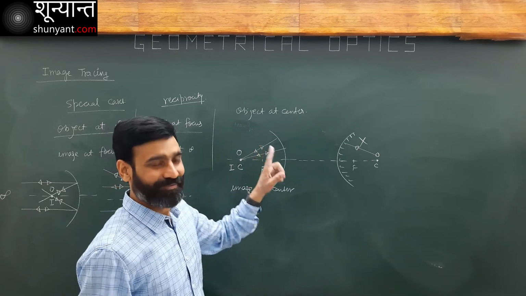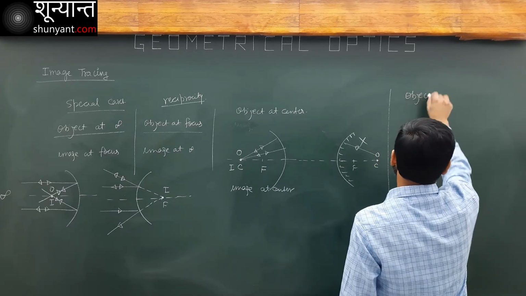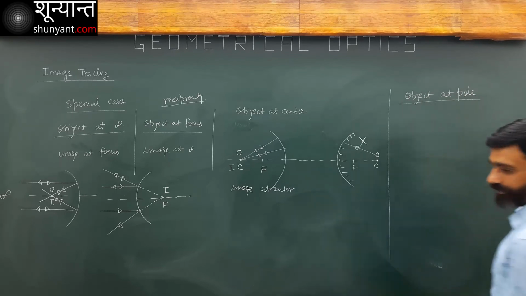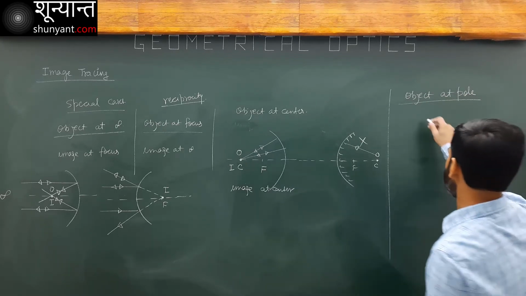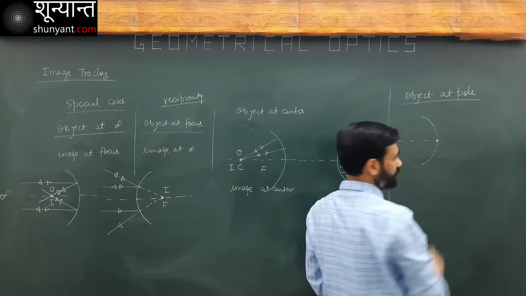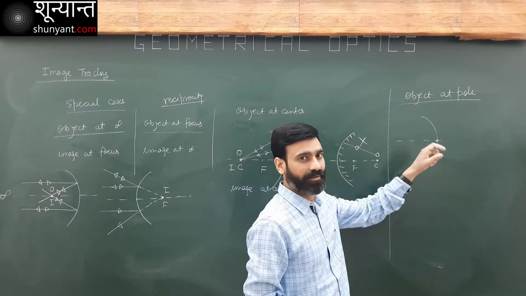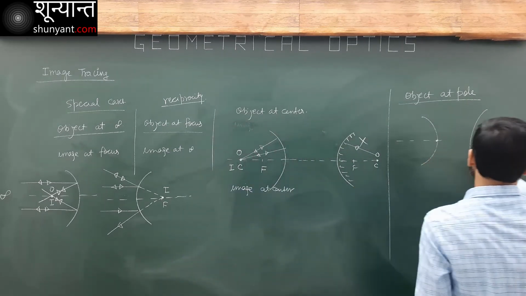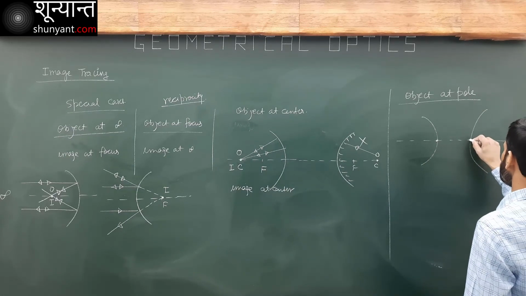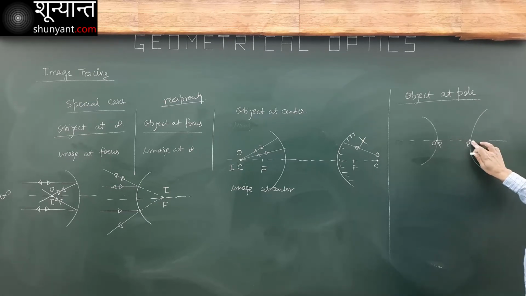Now one other case is object at pole. What do you think if I have this spherical mirror? If the object is right here at the pole, or in the case of this convex mirror, the object is right here close to the pole, the object and pole both are at the same point.